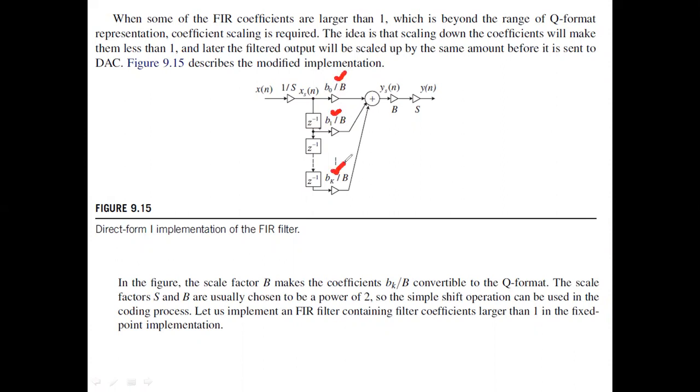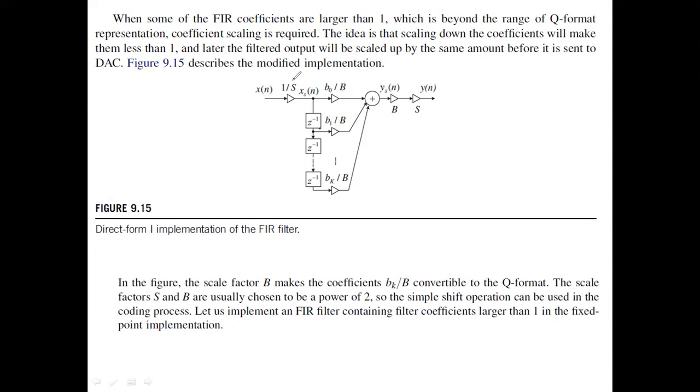That's why we only need to make sure that none of the coefficients exceed 1. So this particular value b should be such that it is convertible in Q format. That means if it is Q15 notation, this value should not exceed 1.